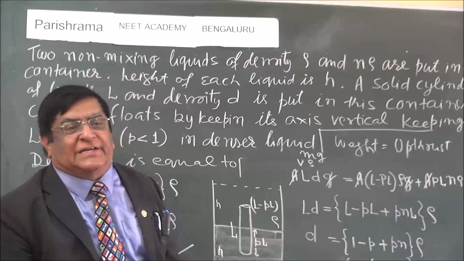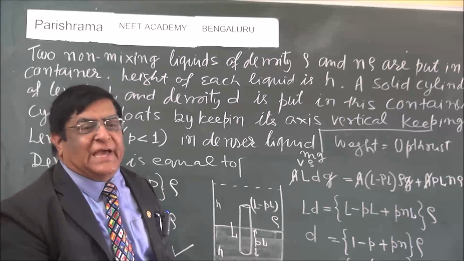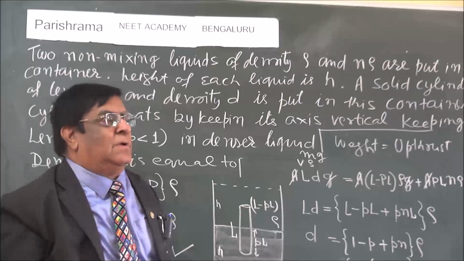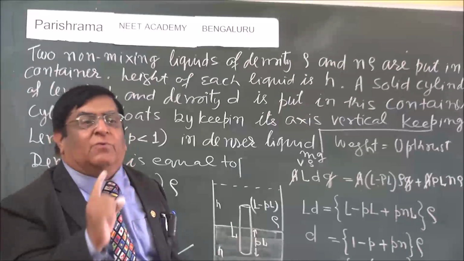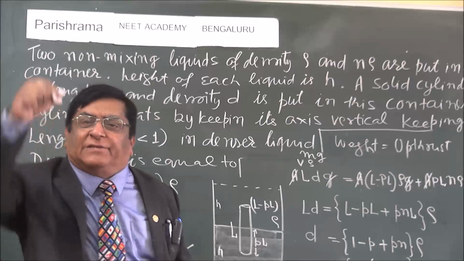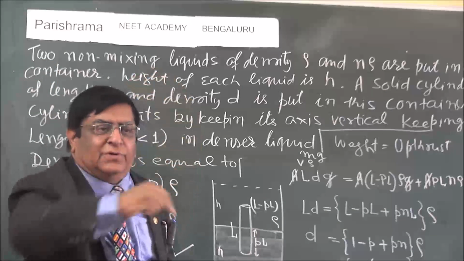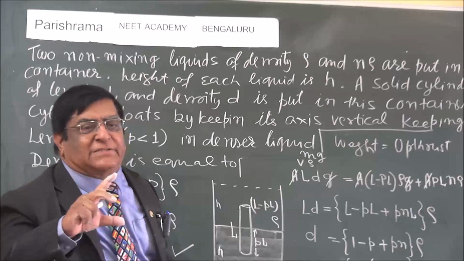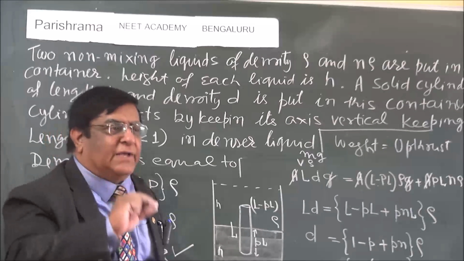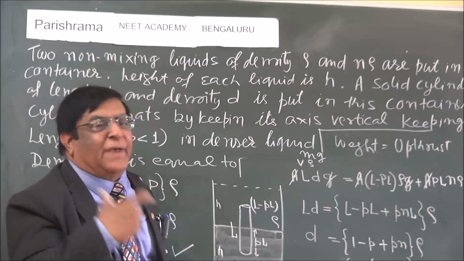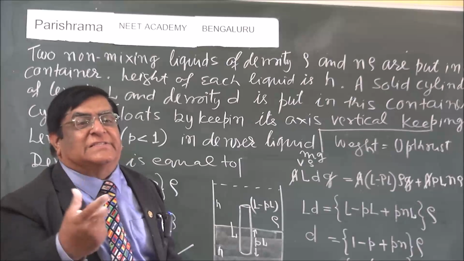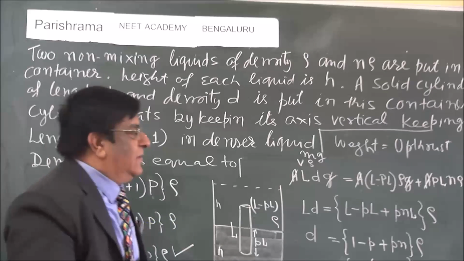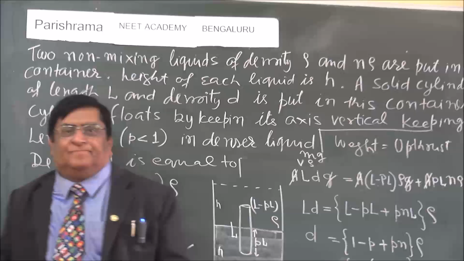So in floating condition, weight downward is equal to upthrust. In case of a U tube, pressure from one side is equal to pressure from the other side. So in physics, every situation gives you one equation, and what you prepare is which quantity will give you the equation. Right? Okay, now we go to the next question.